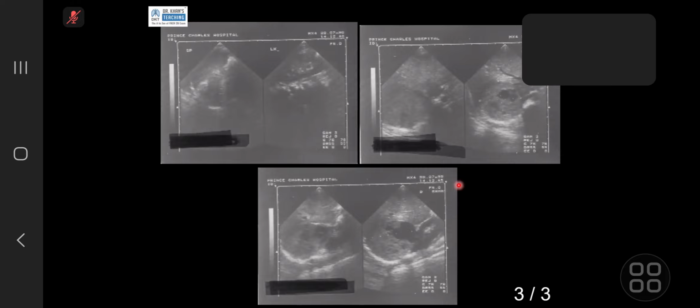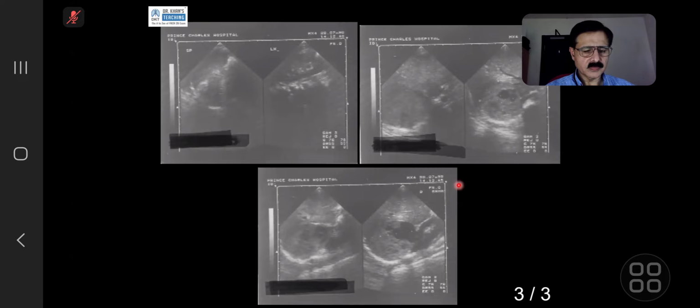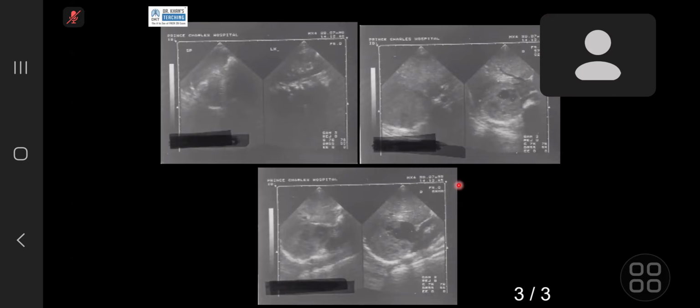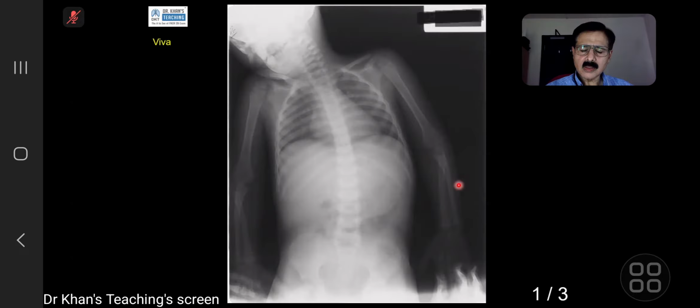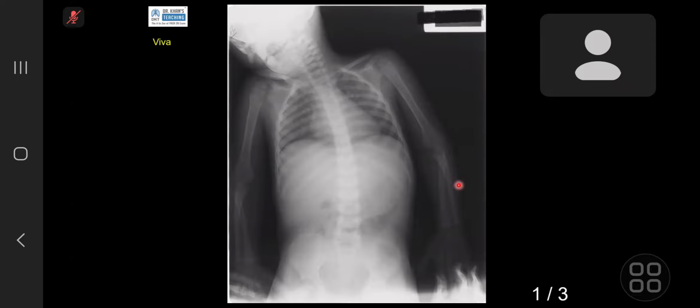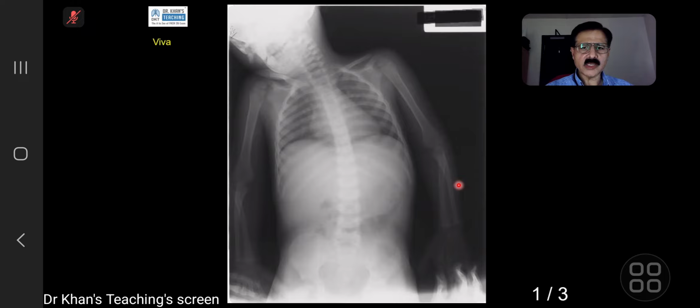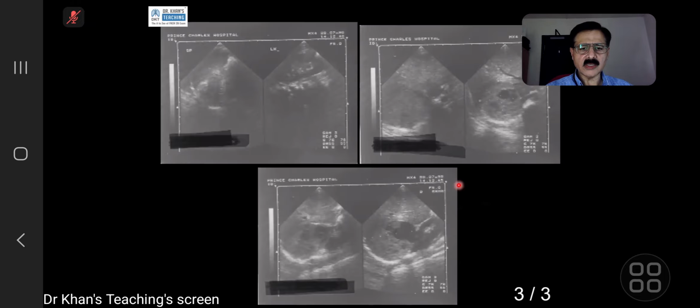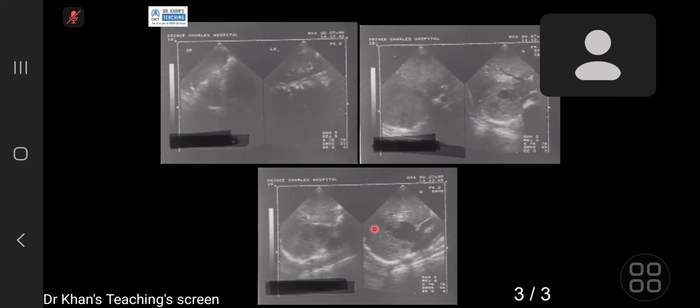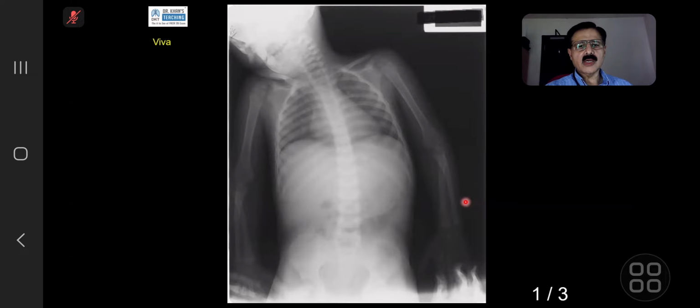Your conclusion? It could be due to neuroblastoma with bony mets, or it could be Wilms tumor. Why did you say Wilms tumor? You can see this kidney here. Yes, this is neuroblastoma.